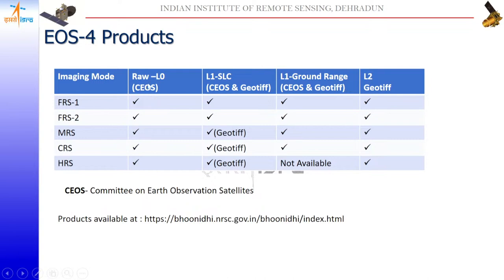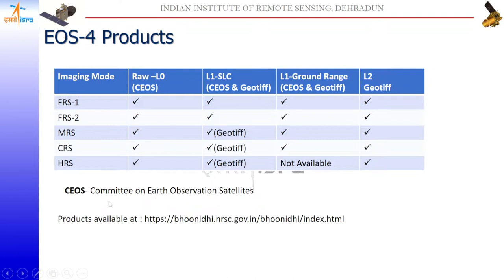We have the level 0 product, and level 1, which is called the SLC product, and the ground range, which has COS and GeoTIFF, and level 2, which is called the terrain corrected product, enhanced terrain corrected product. So we have the raw data, the SLC data, slant range products, the ground range data, and the terrain corrected products also.